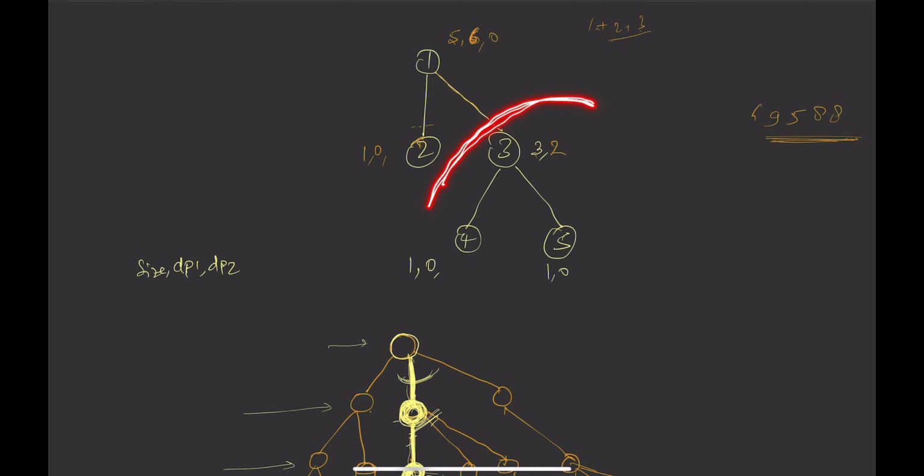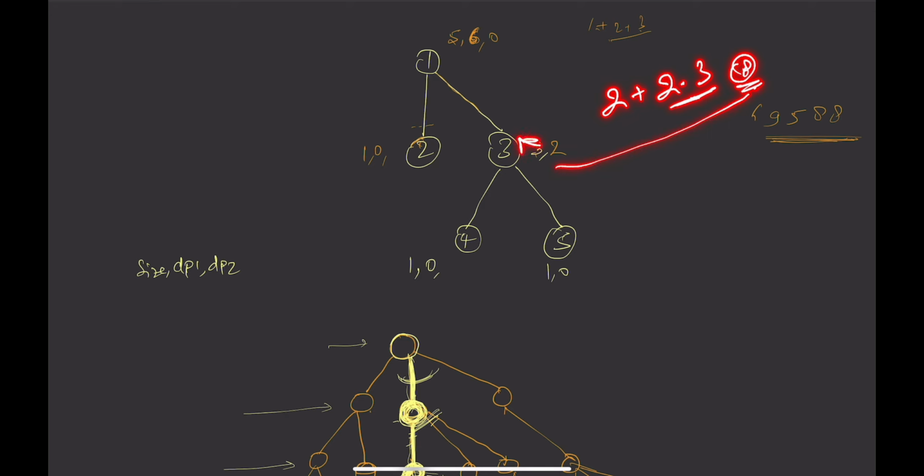So the other child's sum, which sum? So 2 times the size plus the dp1 value, right? This one, yeah. So dp1 value is 2 plus 2 times size. Size is 3, so that means 8. So this, how much will it contribute?